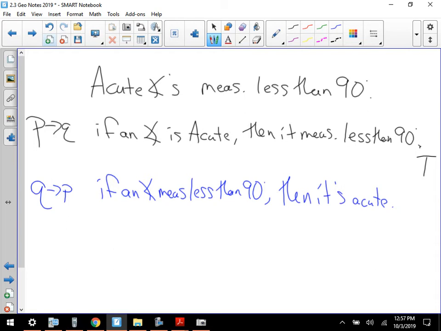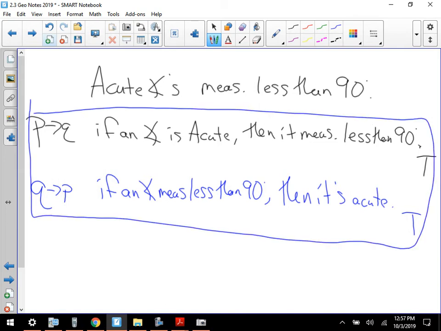Yeah, that's also true. So since both of these are true going forward and backwards, both conditions are true. The word biconditional comes from two conditions: forward and backwards work.